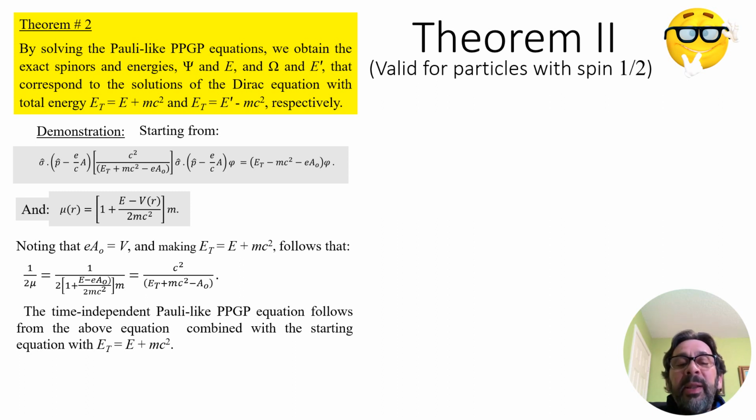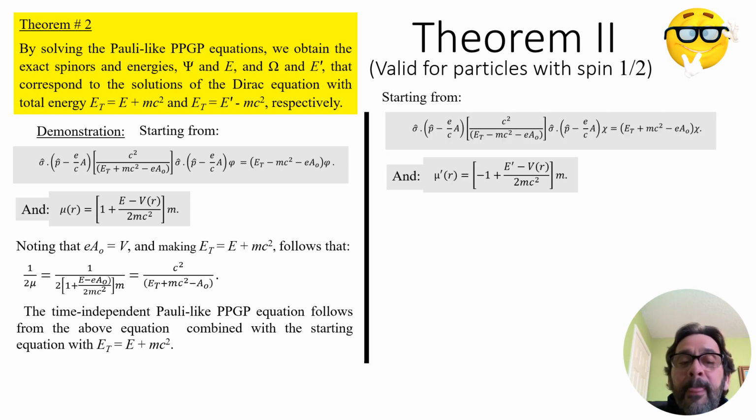The time-dependent Pauli-like PPGP equation follows from the above equation, combined with the starting equation with E plus mc².